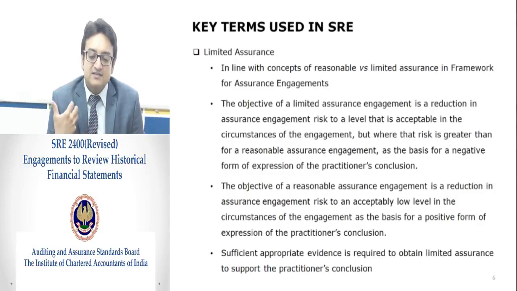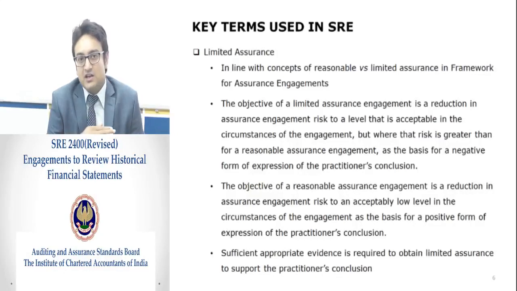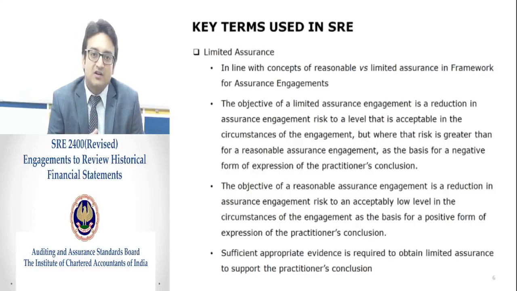A limited assurance engagement or limited assurance conclusion is one in which the assurance engagement risk is brought down to an acceptable level in the circumstances of the engagement, but where that risk is greater than for a reasonable assurance engagement. In limited assurance engagements, the conclusion that a practitioner gives is generally in the form of a negative conclusion.